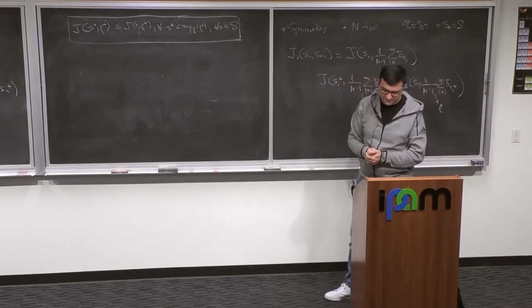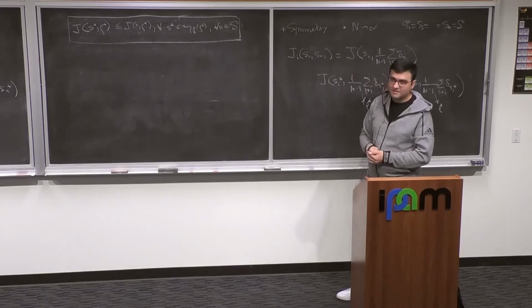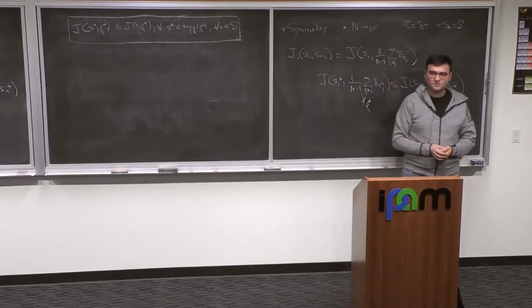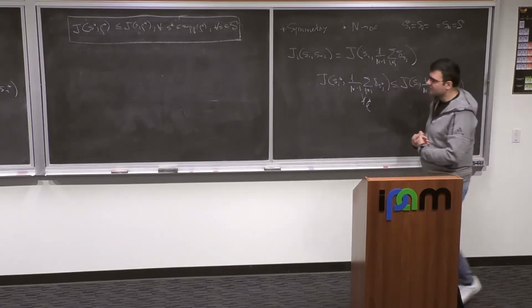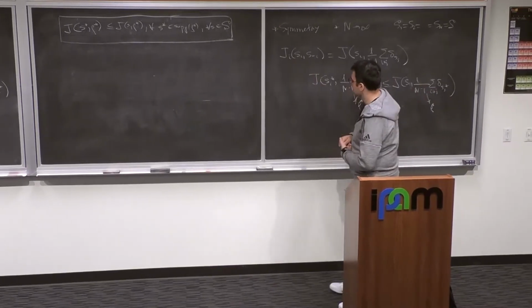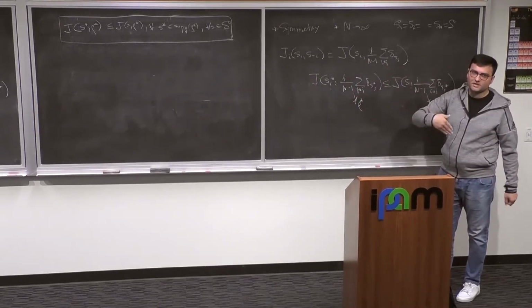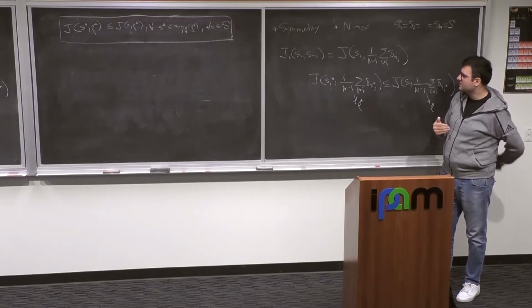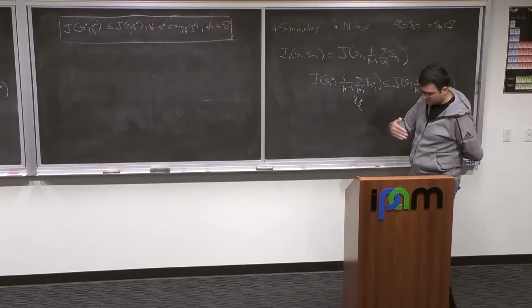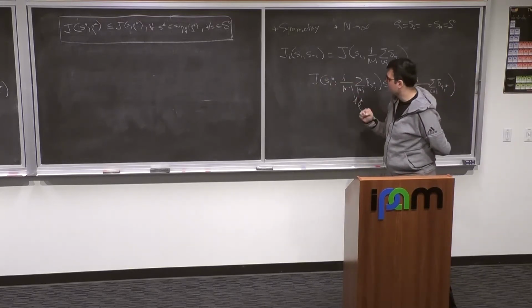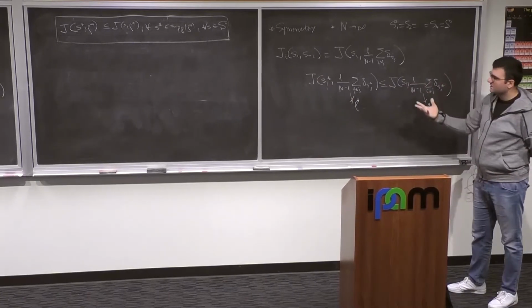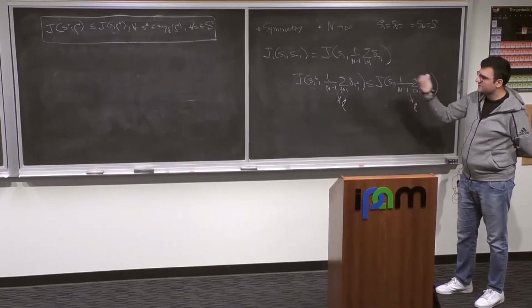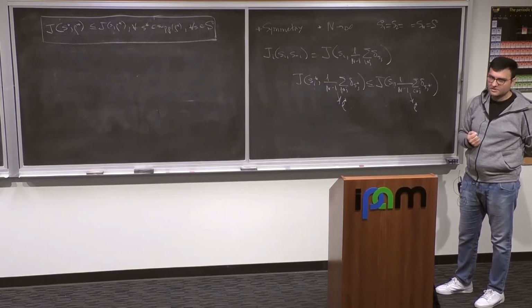But this is the basic mechanism that I wanted to show you. So you start with a cost function for agents, which is symmetric with respect to the other agents. So the agents are interchangeable. You have symmetry. And you basically pass to the limit in the Nash equilibrium definition.